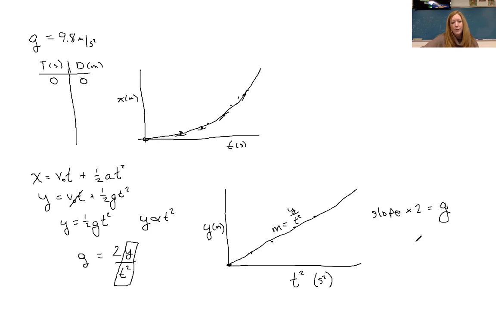Another way of saying that is that the slope is half of g. And then that should be close to your 9.8. So your slope when you do your position over time squared really should be around 4.9, somewhere in there.